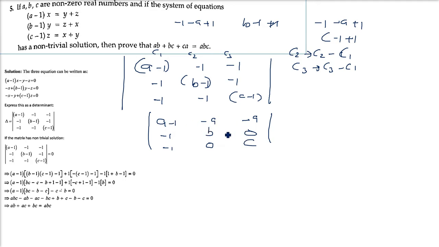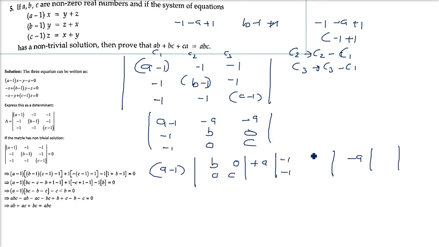Without even making it 0, you can always open it. So (a minus 1), something will come here, b, 0, 0, c. Minus minus becomes plus, it is going to be plus a. And the last one will be minus a.